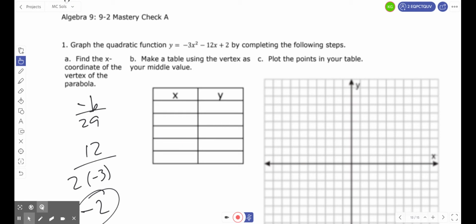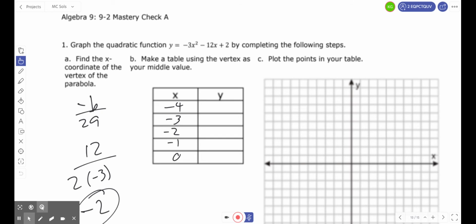All right. Negative 2, and then we want to go numbers smaller than negative 2 and numbers bigger than negative 2, keeping it to integers to make our life easy.